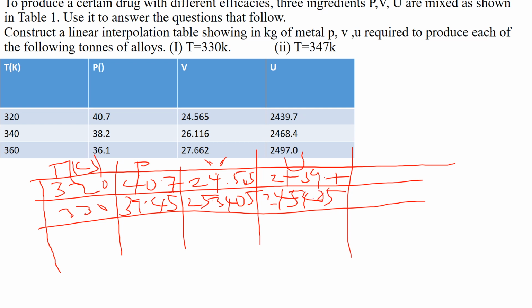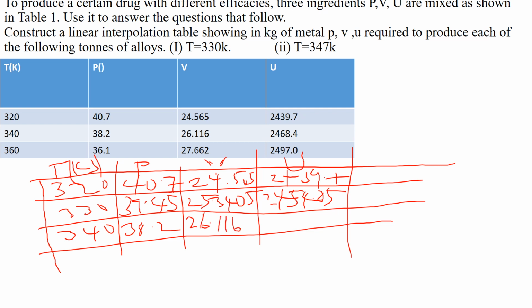Then we go to 340. For this 340, the values have not changed. Here it was 38.2, here is 26.116, and here is 24.684.